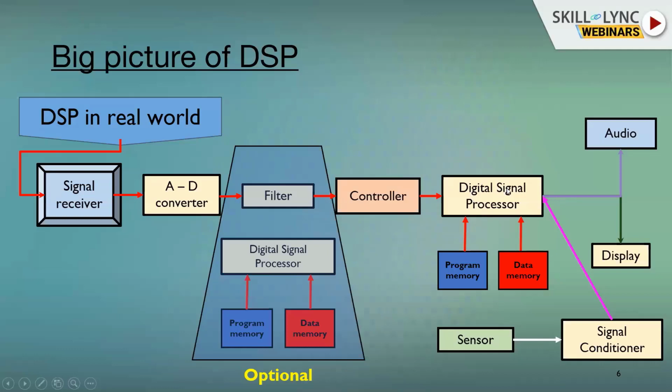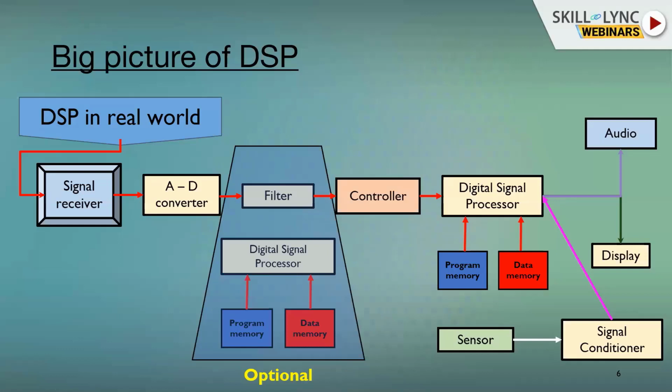This DSP is going to have a separate program memory and data memory, and then it is going to demux. It means that you have to demultiplex your audio and video signals. If you take an MP4 file, it has both audio and video.